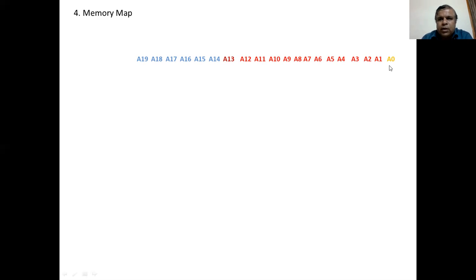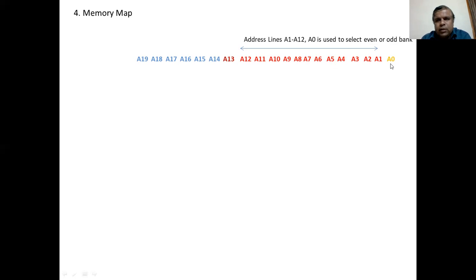So this is how the address lines or address pins of the microprocessor are labeled. It has a 20-bit address bus, so A0 to A19. In these address lines, A1 to A13 form the address inputs of the memory chips, because we have 13 address lines for ROM and RAM.